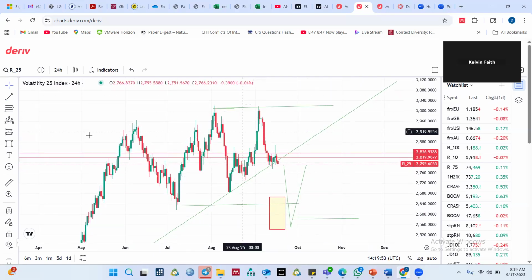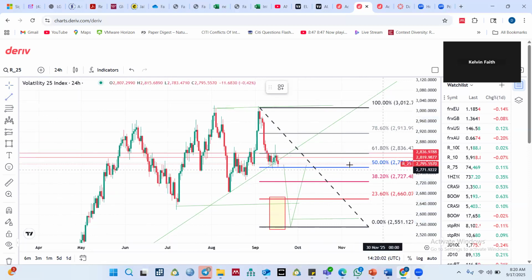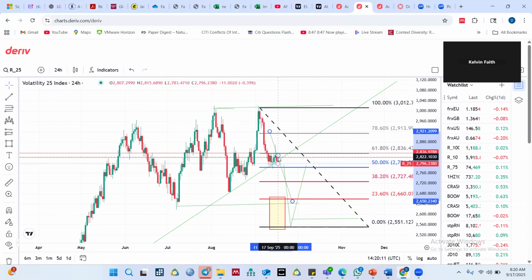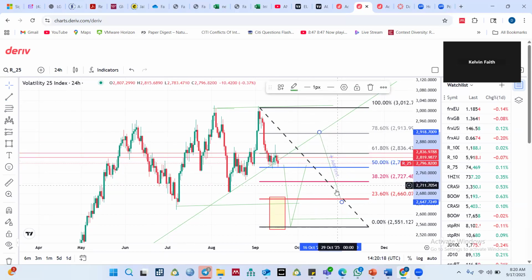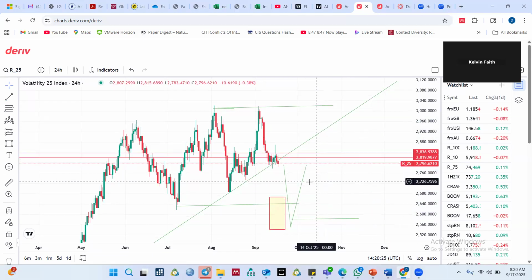So we're going to have this range, and probably we might want to target equilibrium 50% to sell again, or probably we might target price coming back into the balanced price range, which is the premium zone up here, for the sell. So these are possibilities of things that could happen.